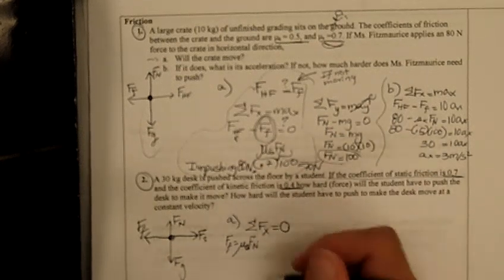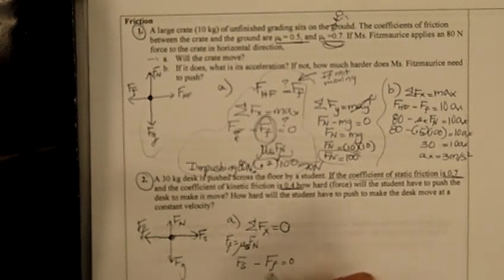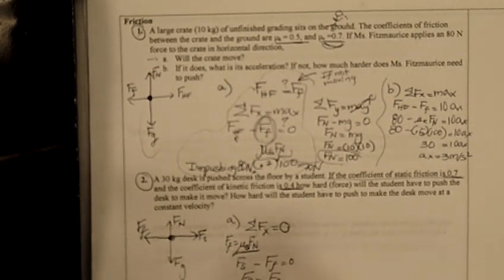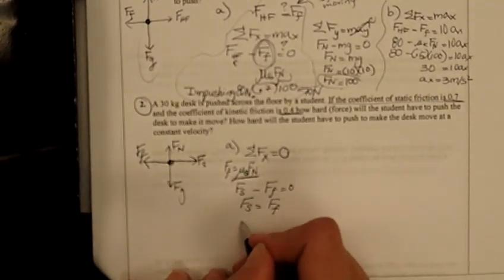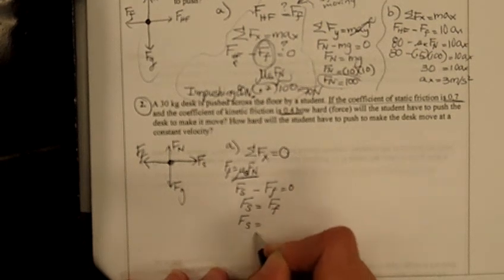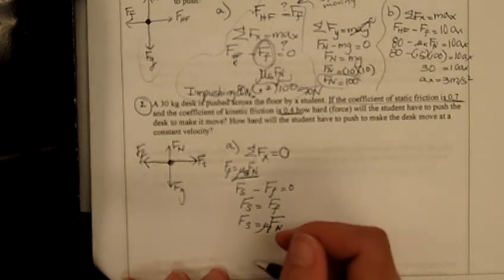To just barely make the desk move, we need Fs minus Ff equals 0. The force of the student equals Ff. We know that Ff is mu s times Fn. So the force of my student is equal to mu s times Fn. And now I realize I need to find Fn.